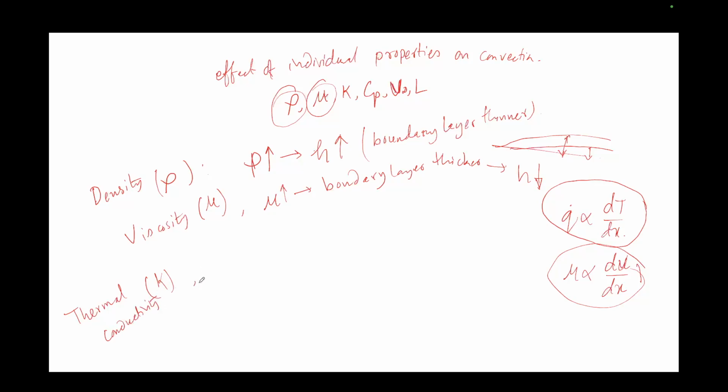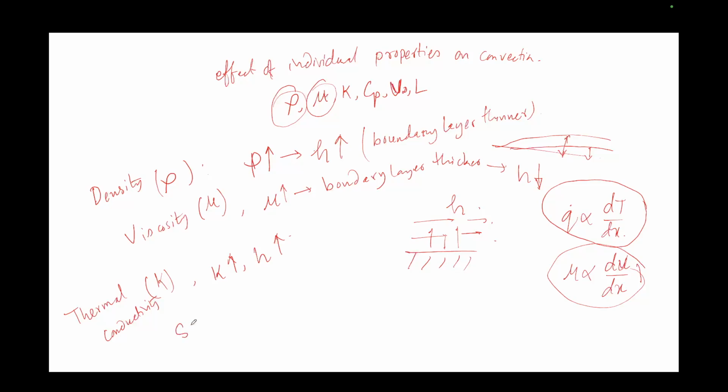So if K increases, that means more and more heat will be diffused into this system. If it is a plate and the thermal conductivity is more, then more heat is transferred to this fluid. So the heat transfer coefficient will increase. The convective heat transfer will be more, right?